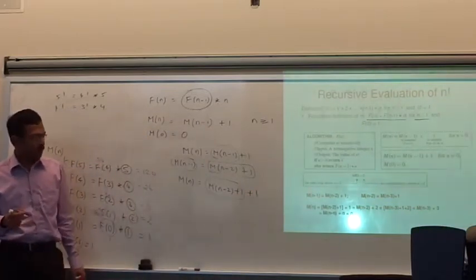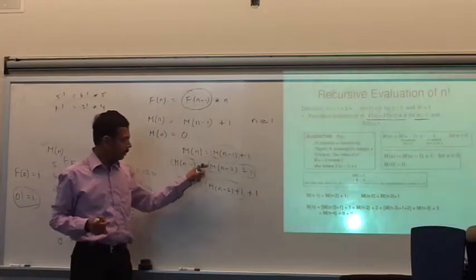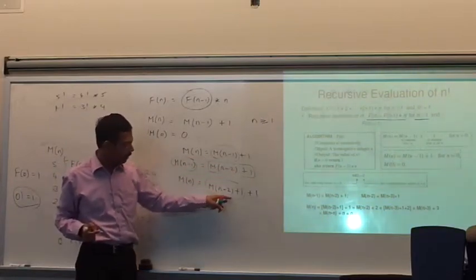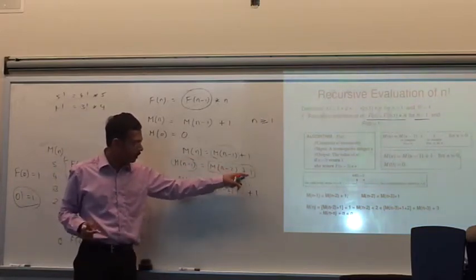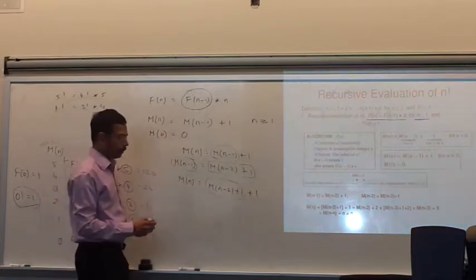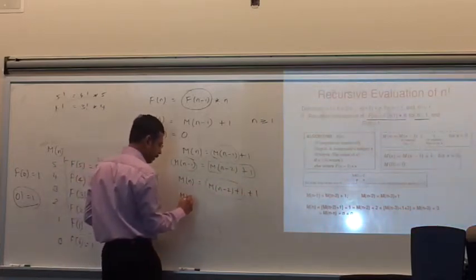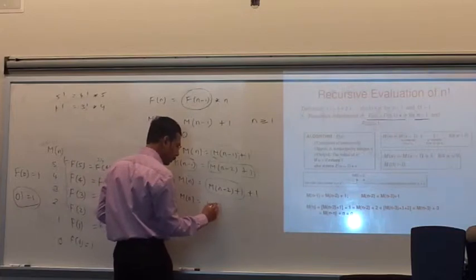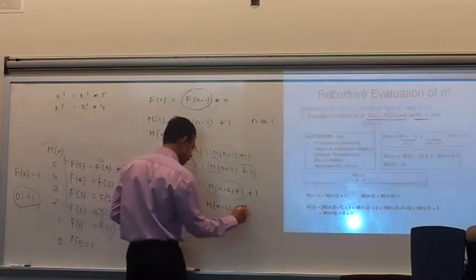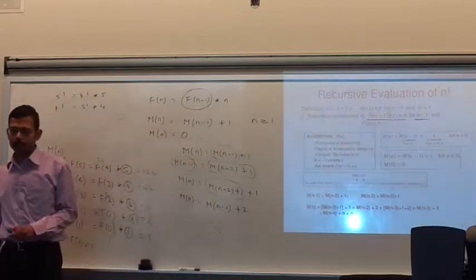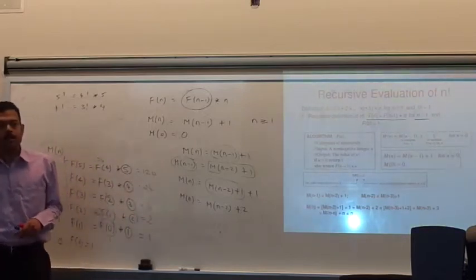So I'm substituting for m of n minus 1, m of n minus 2 plus 1, then this plus 1 out there. If you simplify this, m of n is m of n minus 2 plus 2.